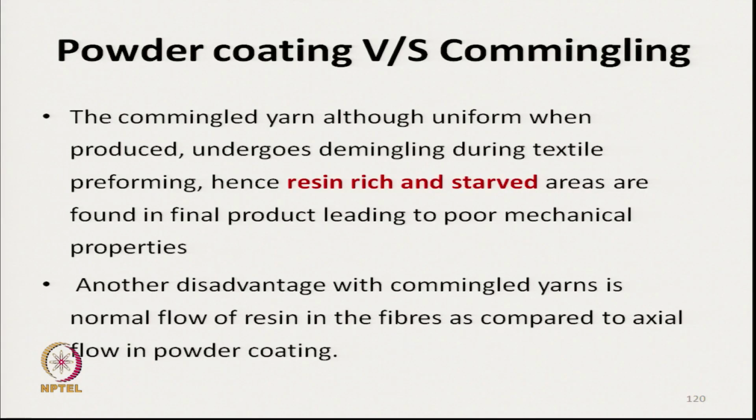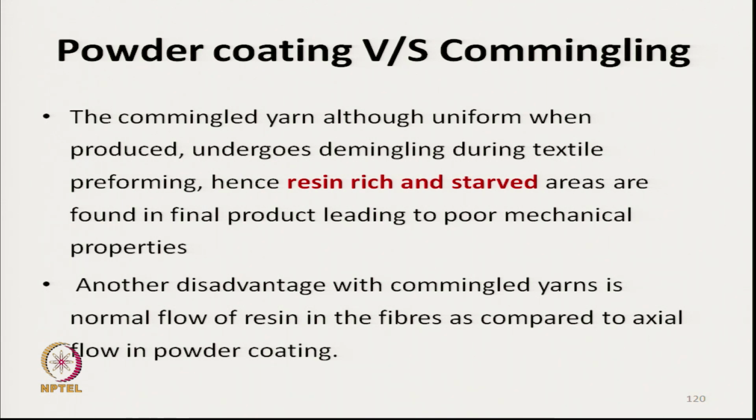Now, if we see the comparison between powder coating and commingling, the commingled yarn, as I have mentioned, is uniform at the time of production, but in further processing, due to application of stress, demingling takes place, which results in resin rich and resin starved areas, that is non-uniform distribution, and which leads to poor mechanical characteristics due to higher void content.